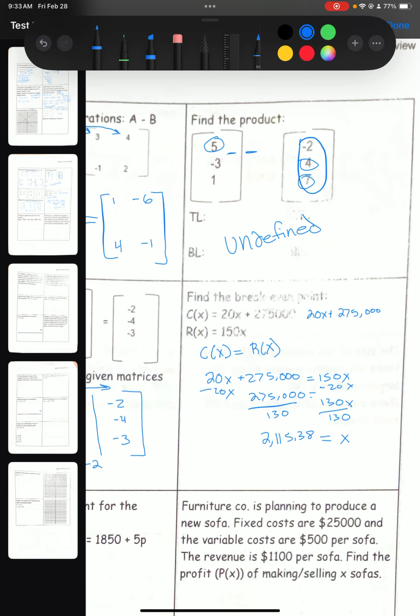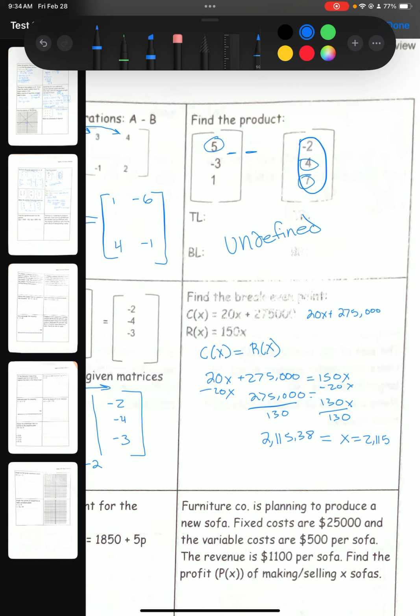So this one, again, I saw one of your Pearson assignments, they round down because that kind of makes sense. You can't really round up an item, right? So I'm going to interpret this as x equals 2,115. I'm going to round down.